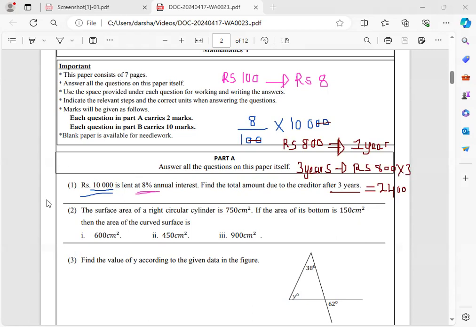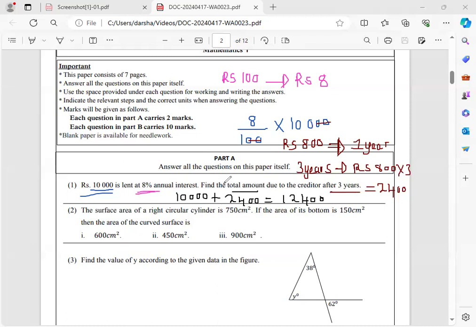But they didn't ask for the total interest. They are asking to calculate the total amount. So at the end of 3 years, he has to pay the amount he took as loan, that is 10,000, plus the total interest, which is 2,400. So 10,000 plus 2,400, he has to pay 12,400 at the end of 3 years.